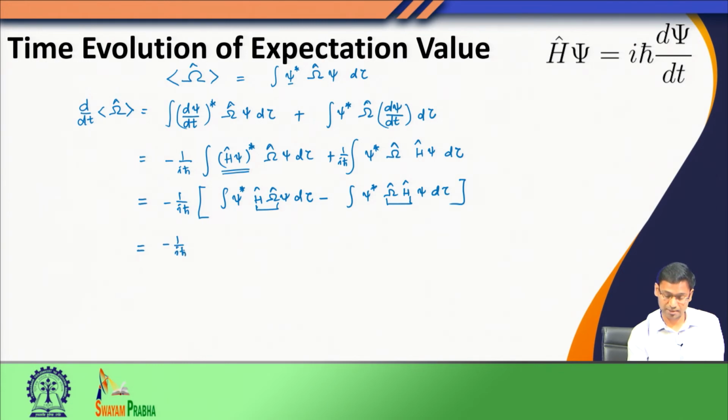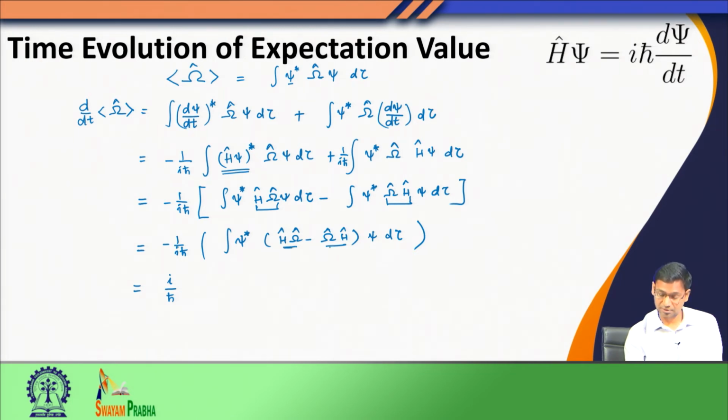So I take them together. When you look carefully, this is like a b minus b a, so I can rewrite this, dividing by h bar. This is nothing but the commutator of H and the omega operator.